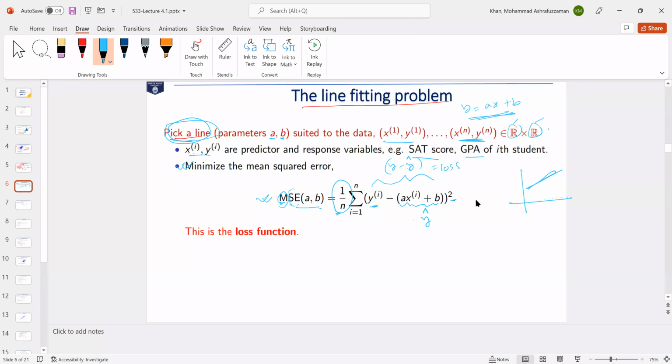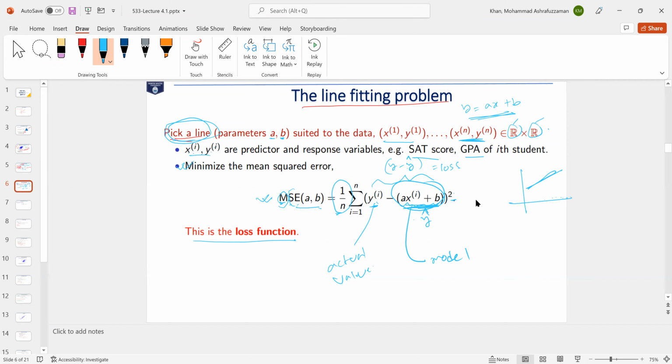And this is the loss function. And we want to minimize this loss function. Why do we want to minimize this loss function? If this is coming from our model, and this is the actual value, if the actual value always becomes close to the value we predicted, that means our model is performing a great job.